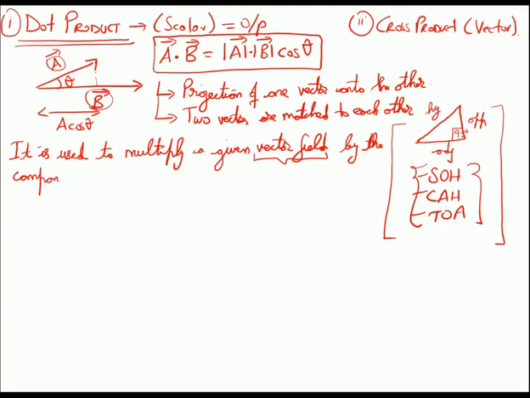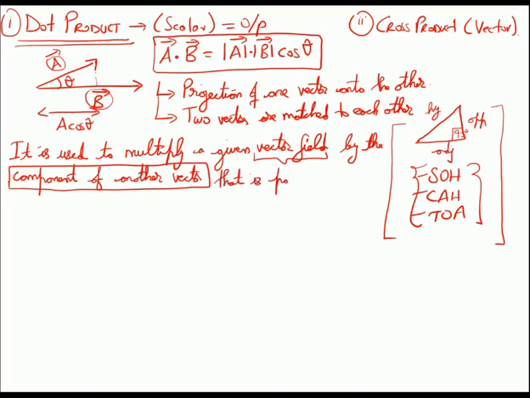Here the important term is component of another vector; we'll come back to this shortly. So it is used to multiply a given vector field with the component of another vector that is parallel to the first one or the original vector. So this is the official definition of a dot product.